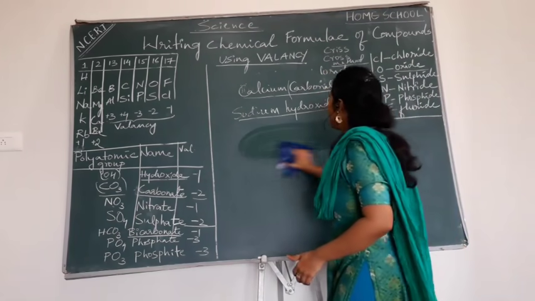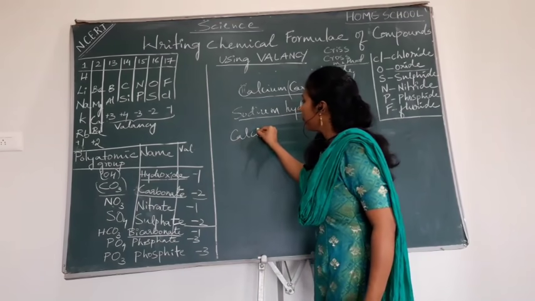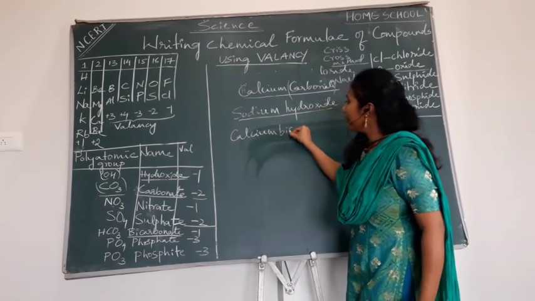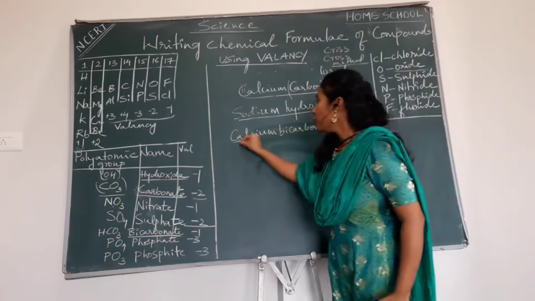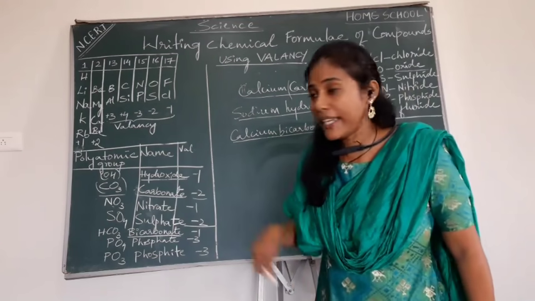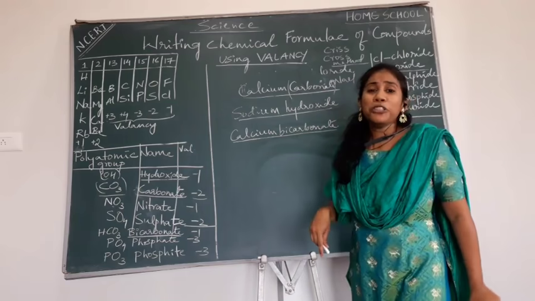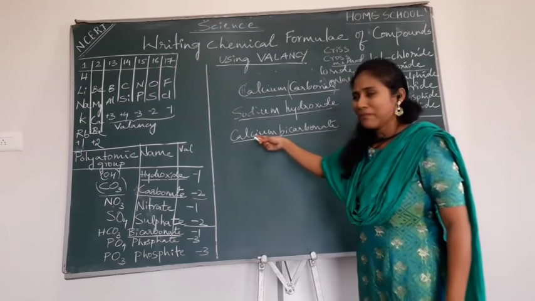Next, calcium bicarbonate. Next compound we are dealing with is calcium bicarbonate. Very important compound. You will come across this compound many times in your science textbook. Okay, so very important. So how do you write the formula for calcium bicarbonate? Same.